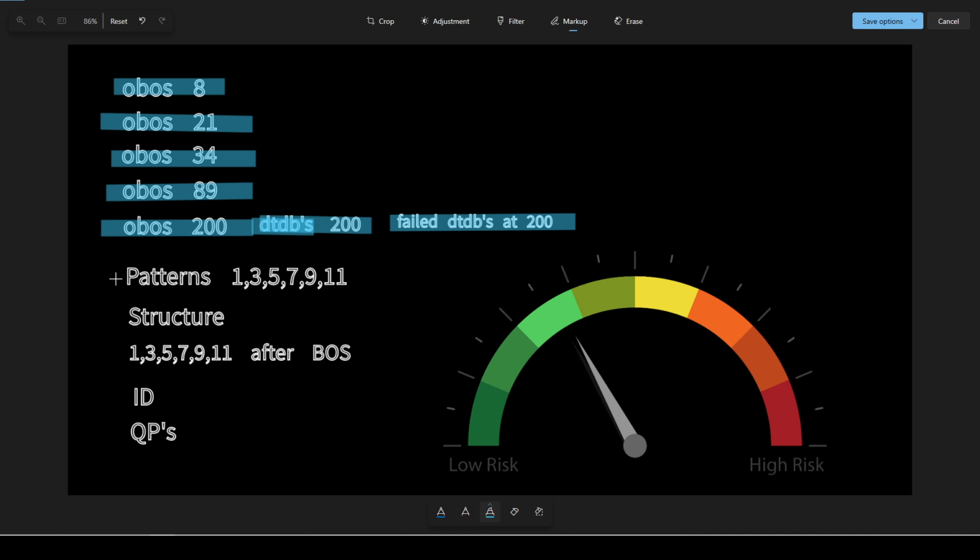Patterns: flats, running flats, zigzags. Is it a 1 3 5 7 9 11 swing sequence? Structure: 1 3 5 7 9 11 swing sequences after a breaker structure. These are all the things we're going to be looking at, along with inside divergence and quarterly pivots.